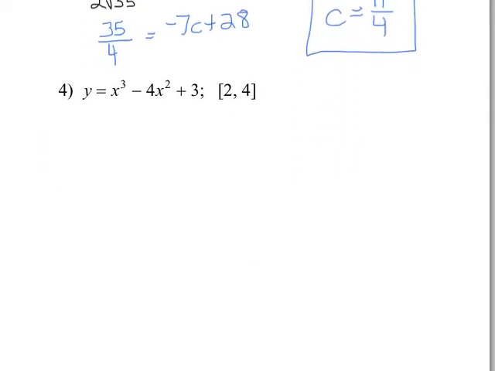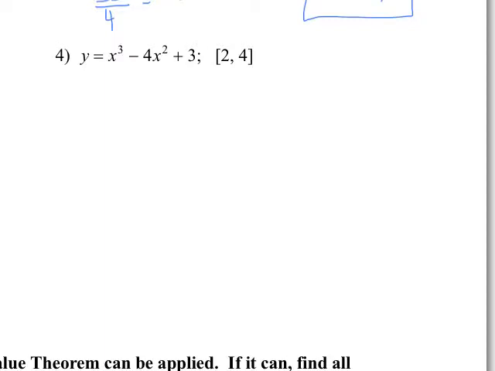Here we have a polynomial, and the derivative of our polynomial, f prime, is 3x squared minus 8x. If we want to find a c that satisfies the slope of the secant line, we need to find out what the slope of our secant line is.